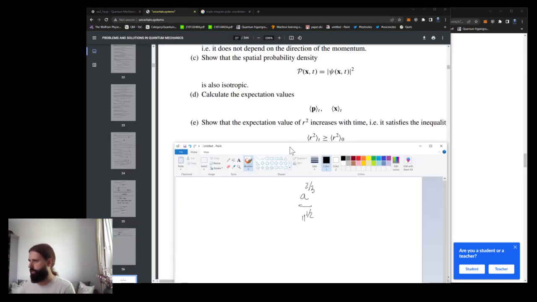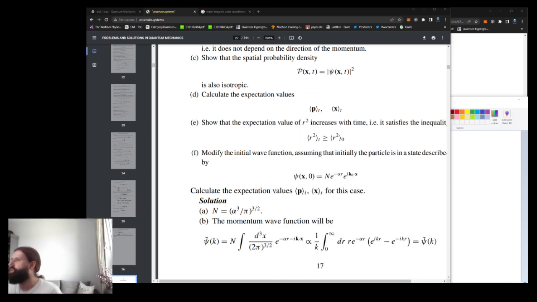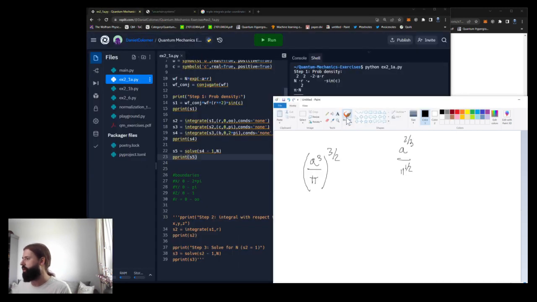We have basically a to the 3rd divided by pi, and this to the 3. No, okay. Ugh. It's not exactly the same. 3, 2, but it's very close. Sorry, this is actually 3, 2.